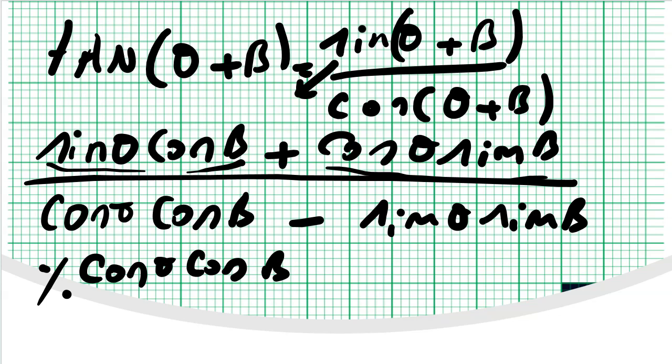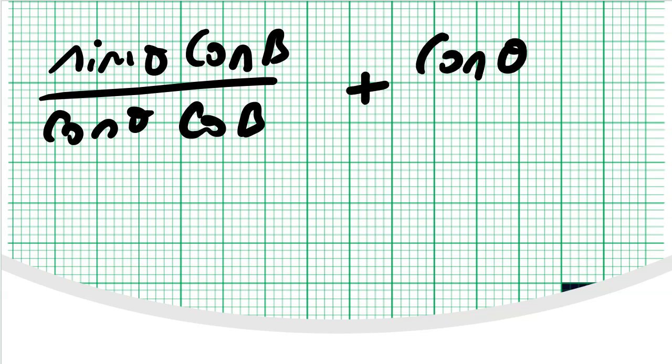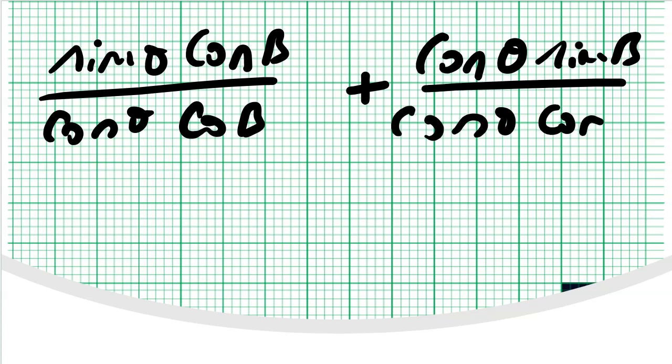Now let's look at our numerator first. In the numerator, we have sine theta cosine beta divided by cosine theta cosine beta. The second term, cosine theta sine beta, the whole thing over cosine theta cosine beta.